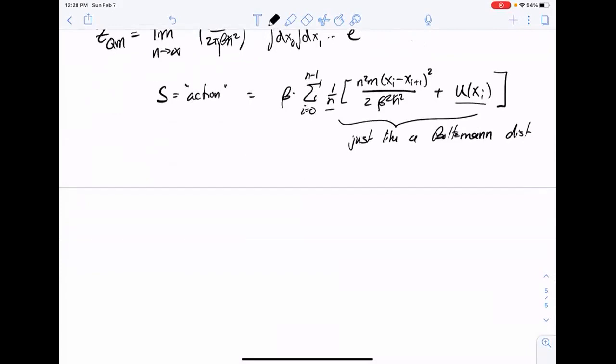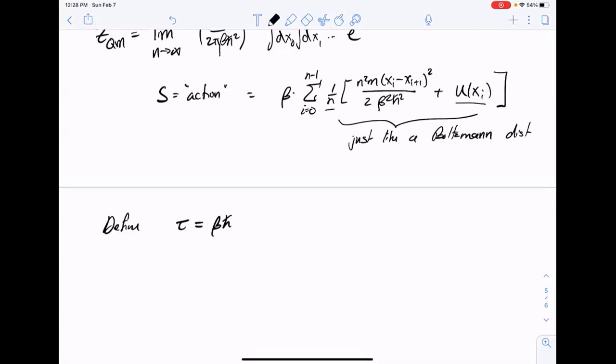If we define a tau as a unit of time as beta h bar, indeed that has units of time.